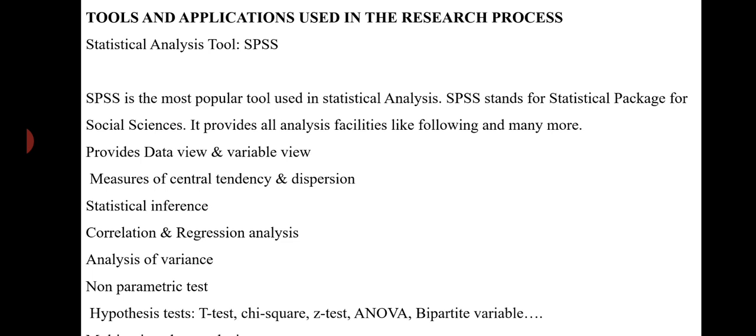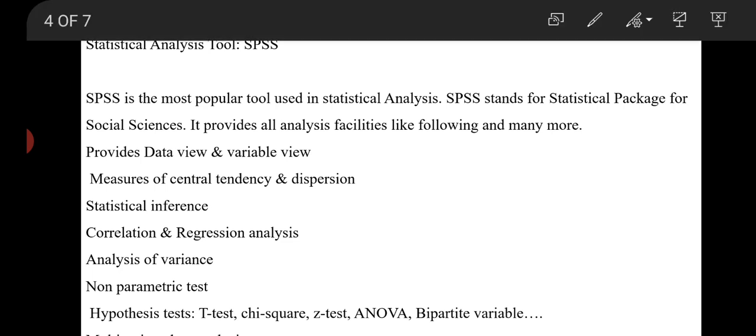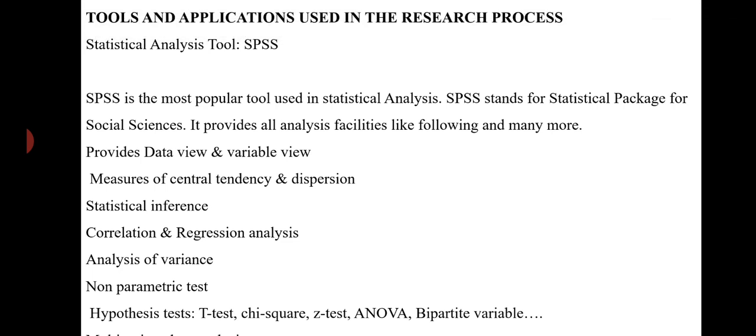It provides all analysis facilities like data view and variable view, measures of central tendency, dispersion, statistical inferences, correlation, regression, analysis of variance, non-parametric and parametric tests. So everything is possible using this statistical tool.